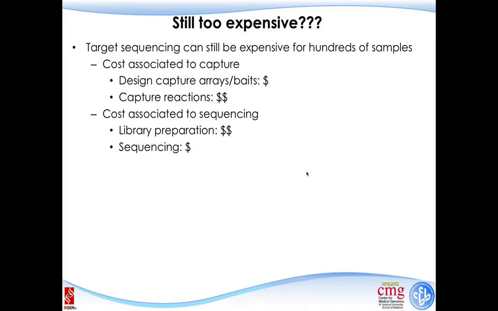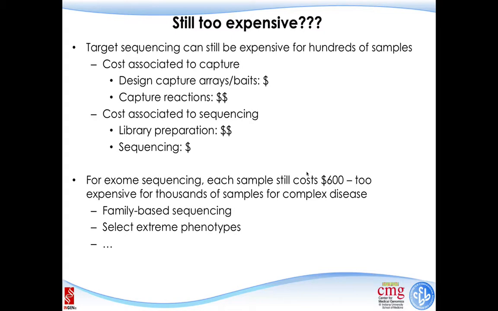And in addition to that, there will be costs associated with the sequencing, which includes the library preparation, which costs some money, and the sequencing. I mean, with the current cost of sequencing going so low, this is actually a $1 sign. And the capture reaction and library prep, this is a $2 sign here. Okay. And for exome sequencing, each sample is still expensive.